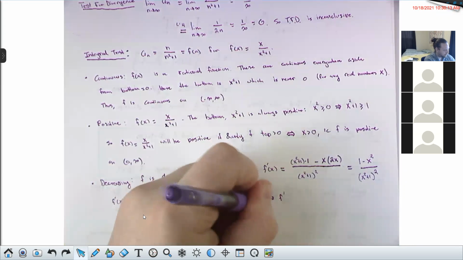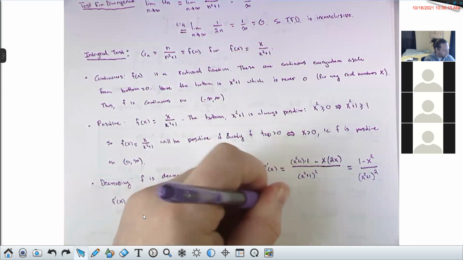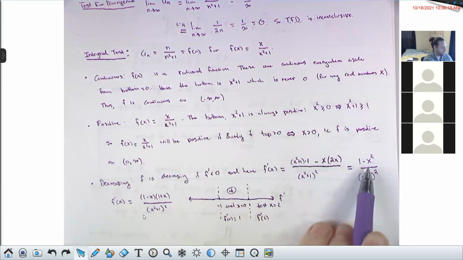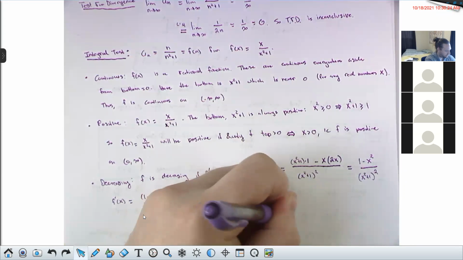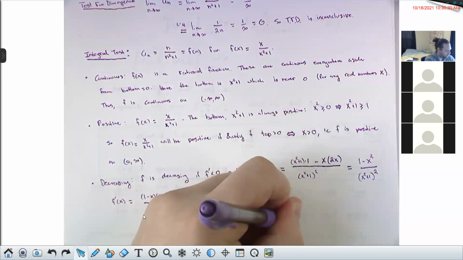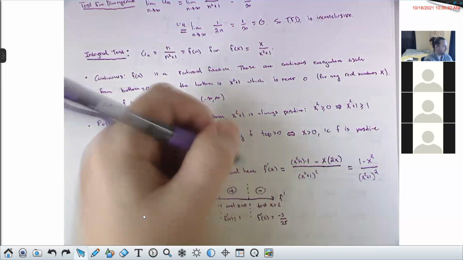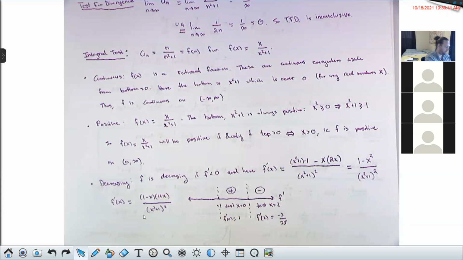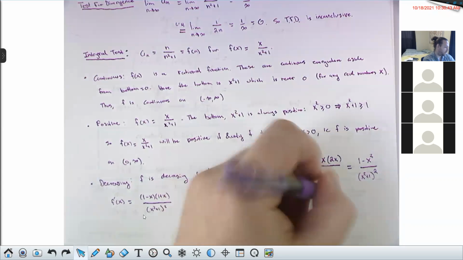Over here, if you test x equals 2, f prime of 2 is 1 minus 2 squared, which is negative 3, divided by 2 squared plus 1, which is 5, all squared, which is 25, which is negative. I don't care what's going on over here. Turns out it's decreasing, but I don't care what's going on to the left of negative 1. I'm only interested in what's going on from 1 to infinity anyway.